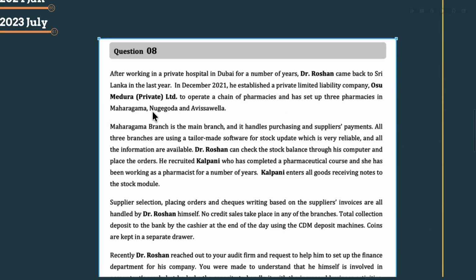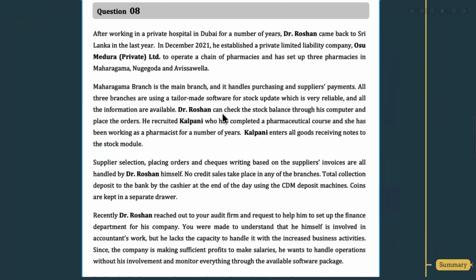Maharagama branch is the main branch and it handles purchasing and supplier payments. That branch is making the purchase of these medicines and drugs as well as the payment of these suppliers. So that is done by this Maharagama branch.